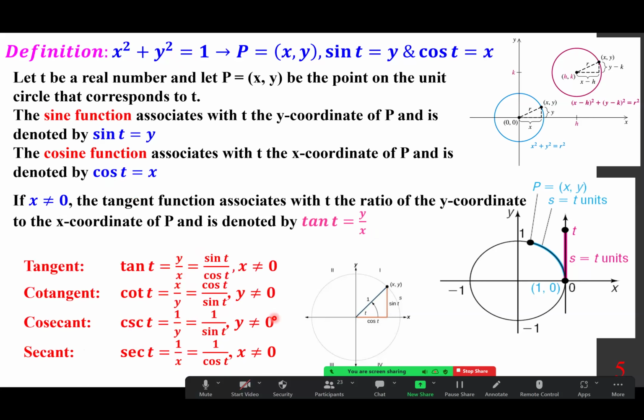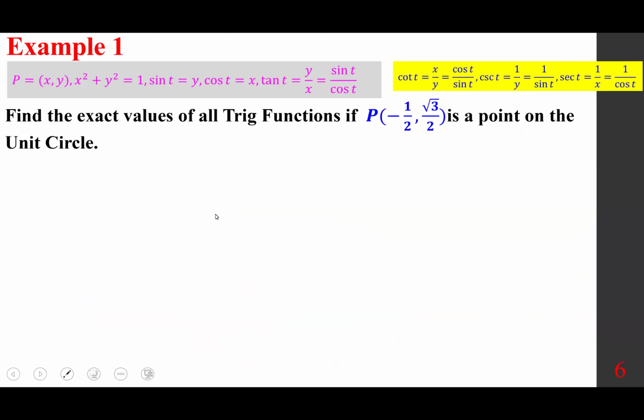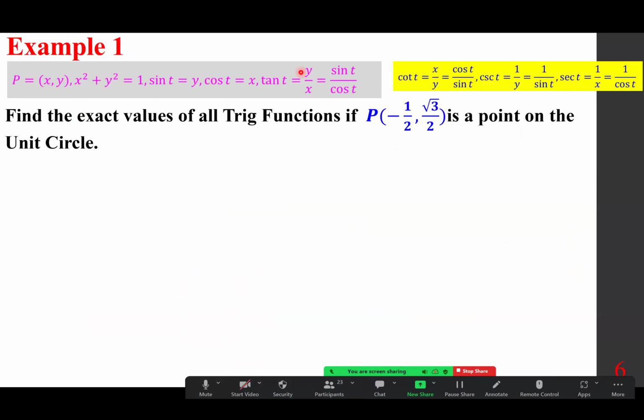Needless to say, in all of these cases, you're dealing with a fraction, so the denominators cannot be zero in any of those cases. So that's the synopsis of what was discussed.